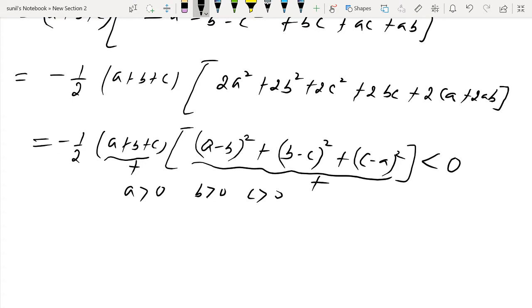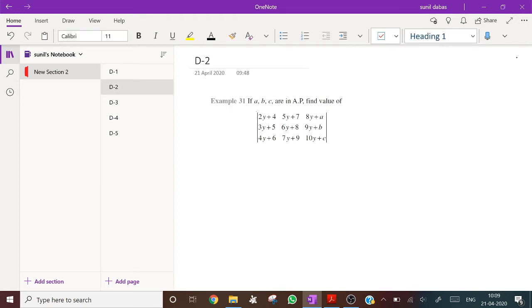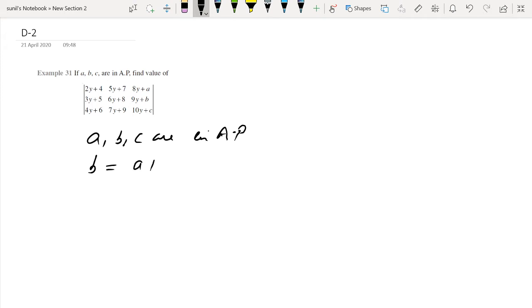Now we'll do the next part. Now see what is the next part. Here A, B, C are given in AP. If A, B, C are in AP, then obviously we can say that B is A plus C by 2, or you can say that 2B is equal to A plus C. This is the first thing they have given.